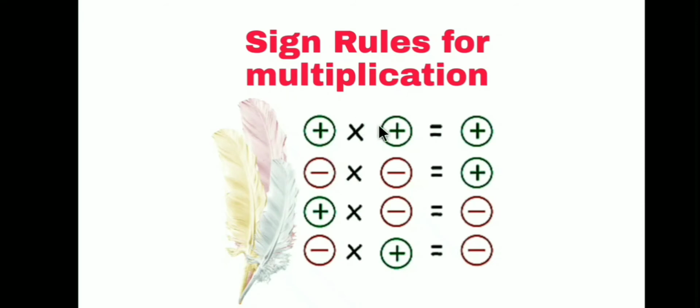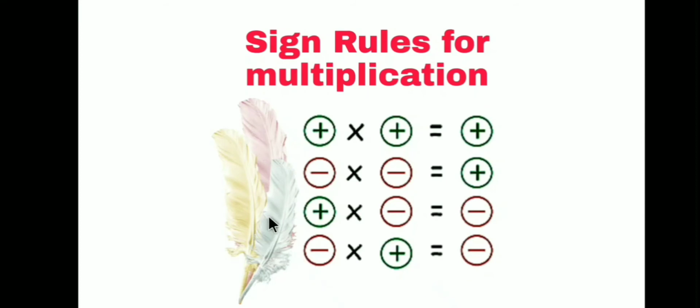When we multiply two positive rational numbers, we get a positive product. When we multiply two negative rational numbers, in that case also the result is positive. So when we multiply two rational numbers with the same sign, the product obtained is always a positive rational number. When we multiply one positive rational number with one negative rational number, or one negative rational number with a positive rational number, the product obtained will be negative.